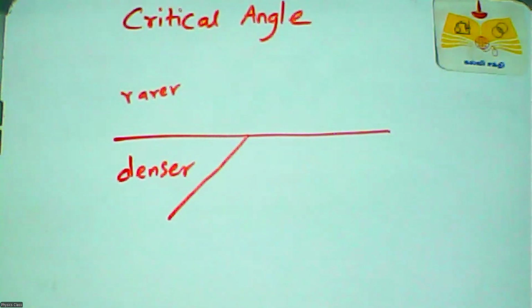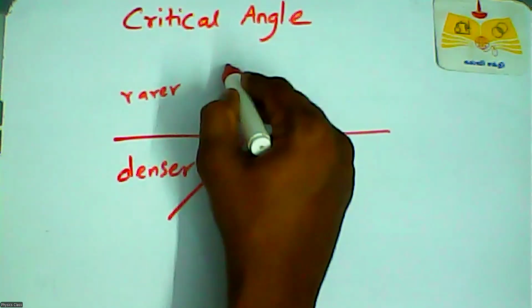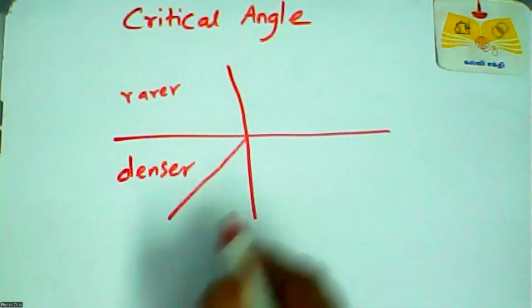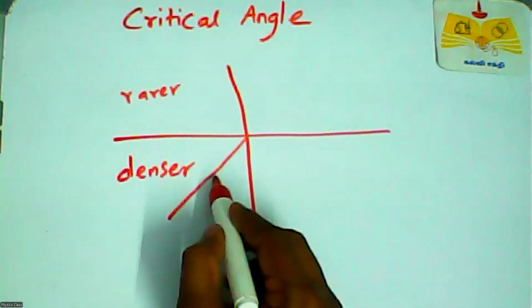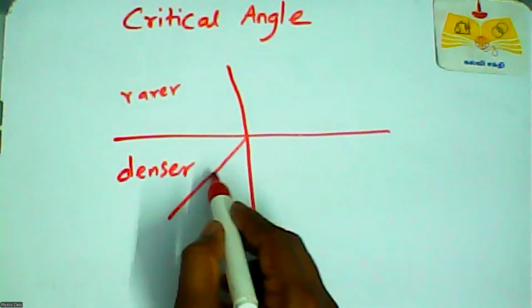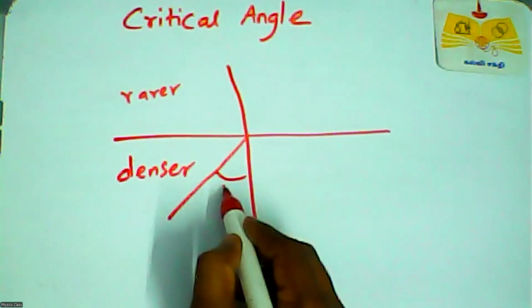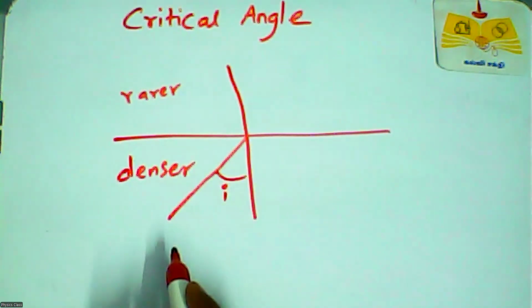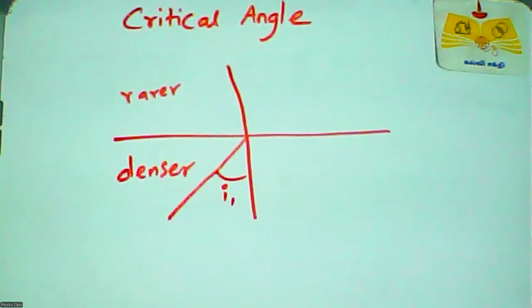Like this is the denser medium. So this is the normal. Between the normal and the incident ray is the incident angle, I1.